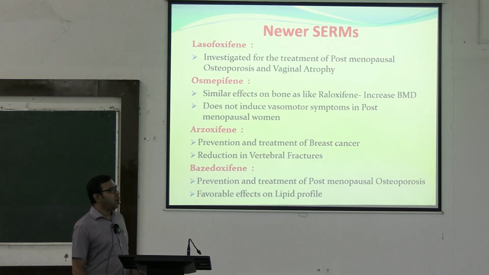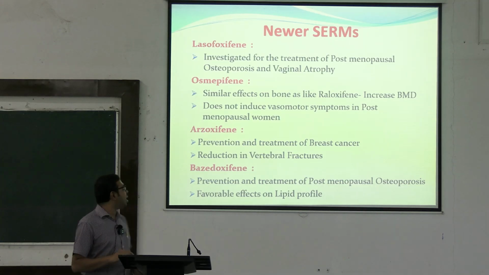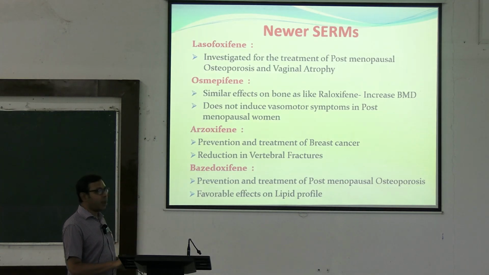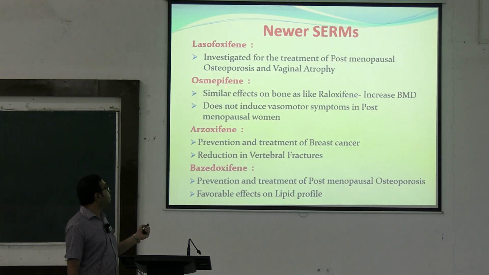There are some newer selective estrogen receptor modulators also in place, like lasofoxifene. It is investigated for the treatment of postmenopausal osteoporosis and vaginal atrophy. Ospemifene has similar effects on the bones to those of raloxifene, and it does not induce vasomotor symptoms.